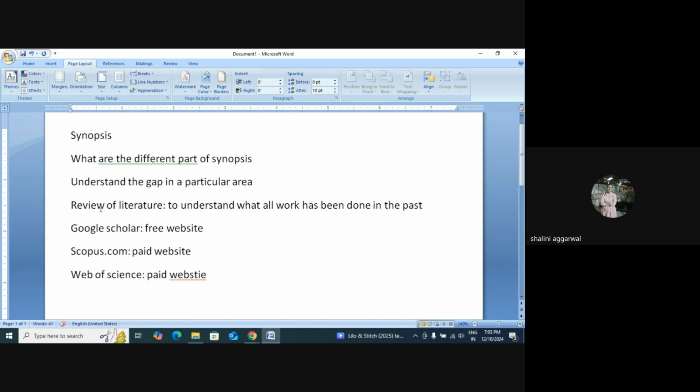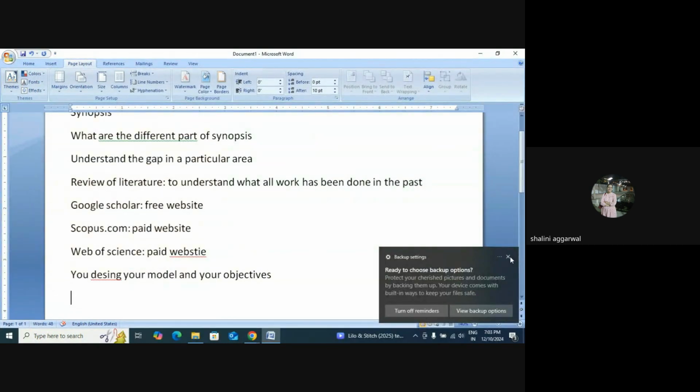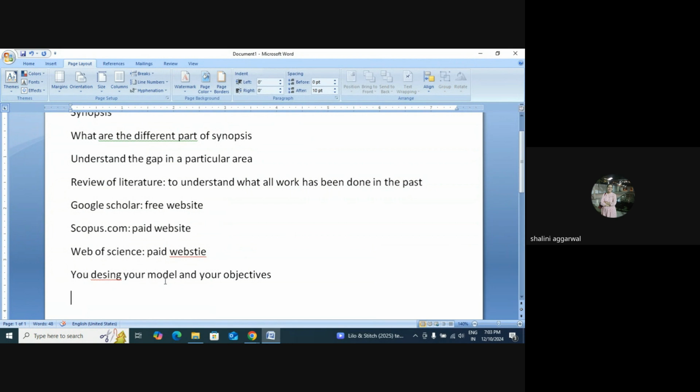From there, you can do a review of literature and see what different models have been used by people in previous papers. On the basis of that, we design our model and our objectives.